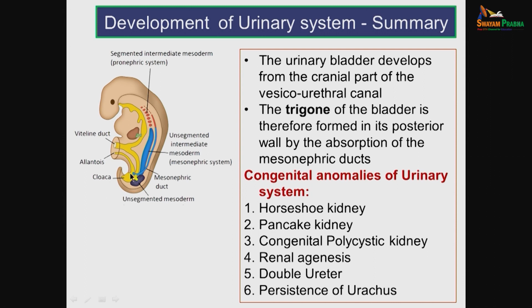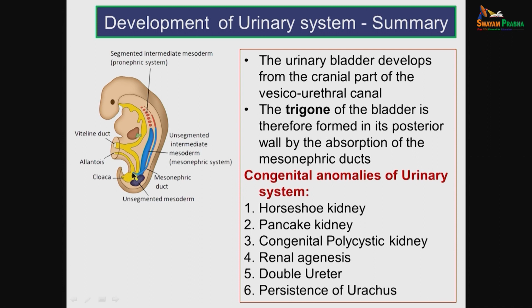The primitive urogenital sinus gets subdivided into a cranial part called the vesico-ureteral canal and a caudal part called the definitive urogenital sinus. As you can see from this picture, the mesonephric duct opens initially into the cloaca, then into the primitive urogenital sinus, and later it opens into the vesico-ureteral canal.